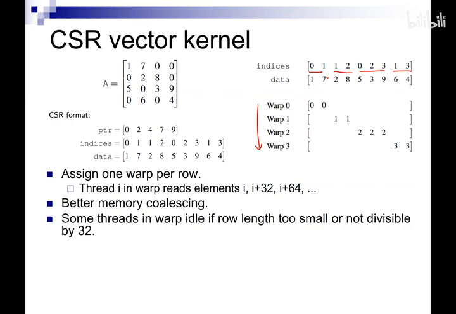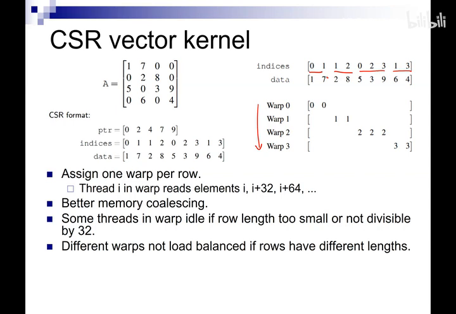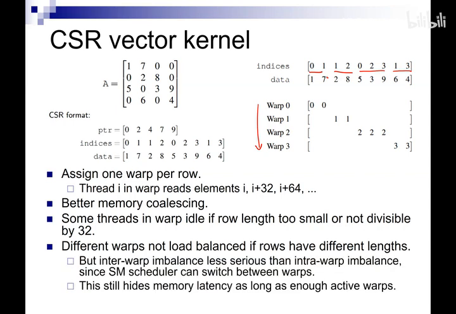Also, if the row length is not divisible by 32, for example you have a row that has 65 elements, then most threads have 2 elements, but one thread is going to have 3 elements. So you're going to have some threads which are somewhat imbalanced. So you can still have some sort of waste within a warp.